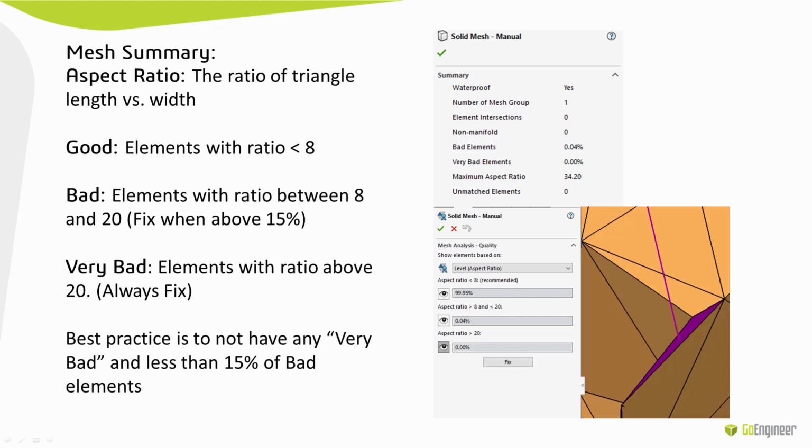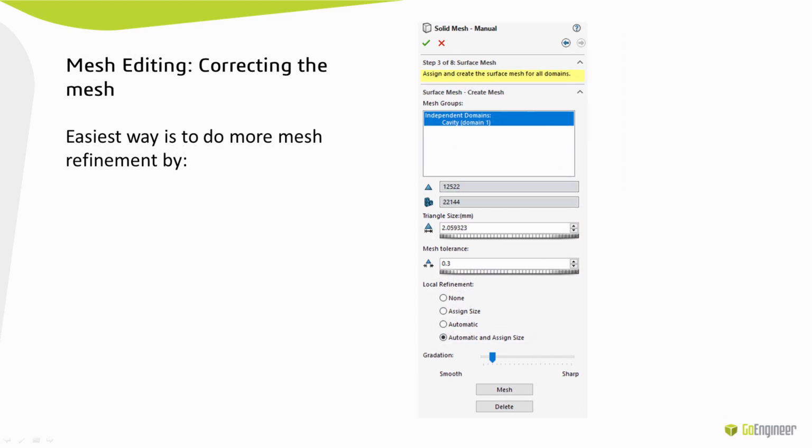If we look underneath the bad elements where it says maximum aspect ratio of 34.2, in this case, if we look at the purple colored mesh element, even though it says 0%, there was like one mesh element in this model that I pulled up, and we have the ability to actually go in and fix this. There are different ways that we can fix our mesh through mesh editing.